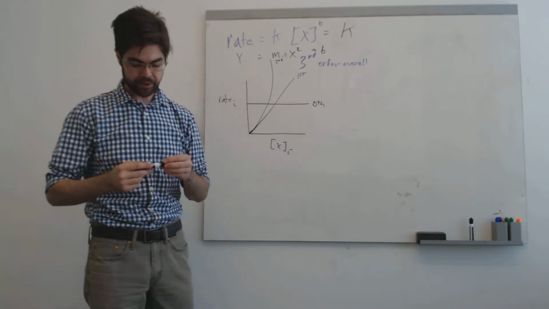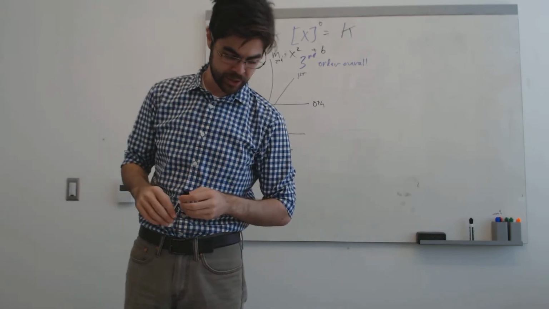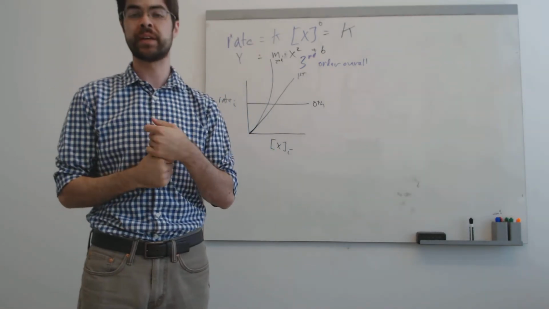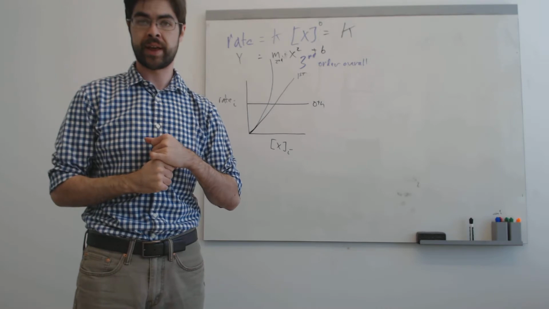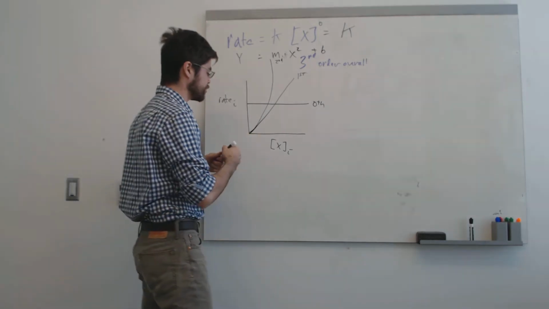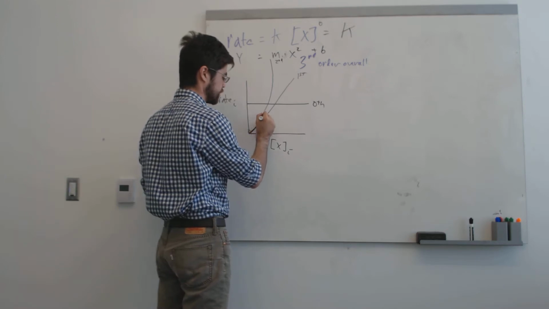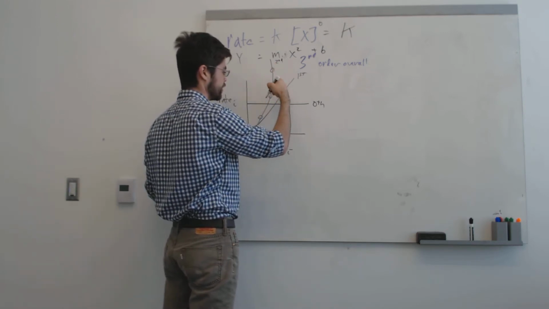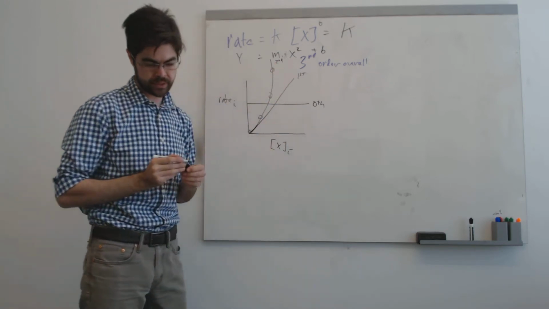So in terms of graphical interpretations, those are two ways that you could potentially determine the order of a reaction. But again, doing that will require you to take a series of data points. So you need to take one there, one there, one there. So you need to do a series of experiments.